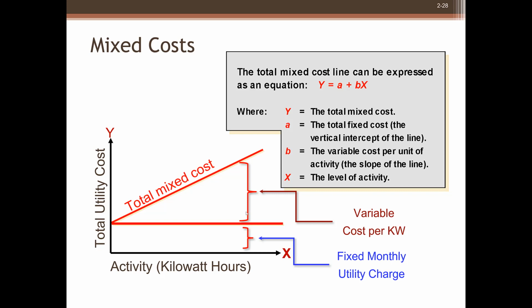And X is the level of activity, the use of kilowatt hours. So to get the mixed cost, as long as we know A, B, and the level of activity, we can calculate using this equation, y equals a plus bx.